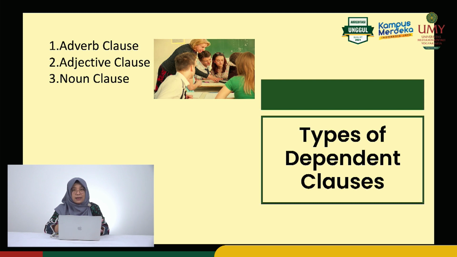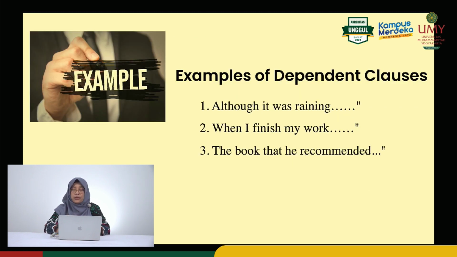And what about the examples? Let me give you examples of those dependent clauses. The first one is the adverb clause. The example is, although it was raining, and after this dependent clause, although it was raining, you need a comma before you attach it to an independent clause.